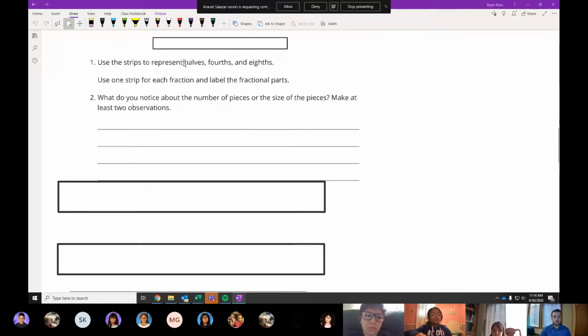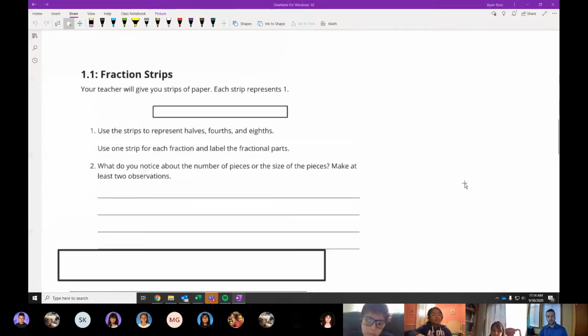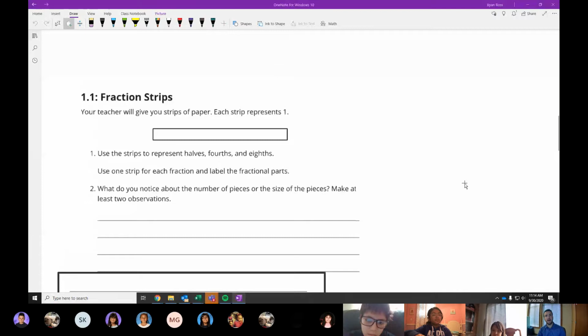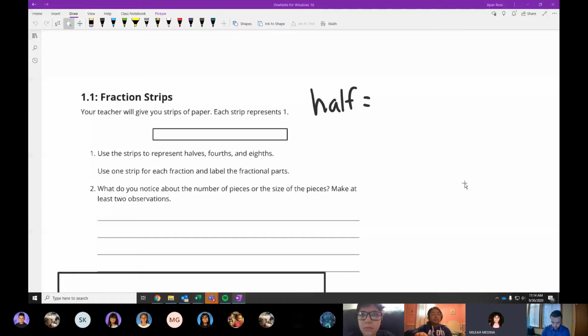Use the strips to represent halves, fourths, and eighths. Okay. What is a half? How would I write a half as a fraction? Malia? 1/2? Yeah, 1?